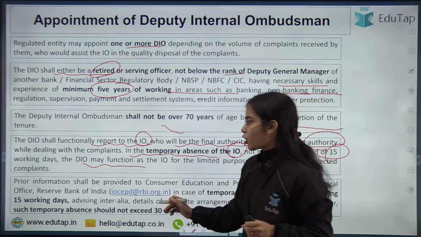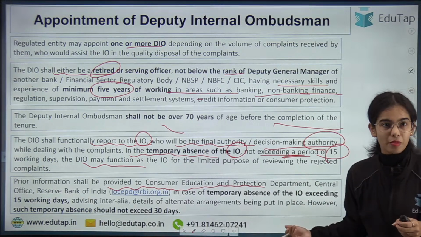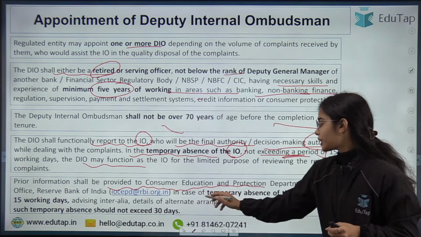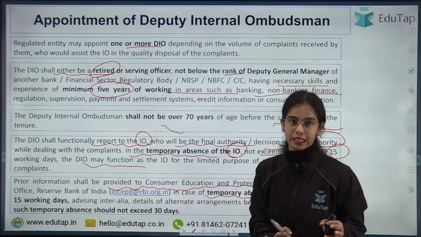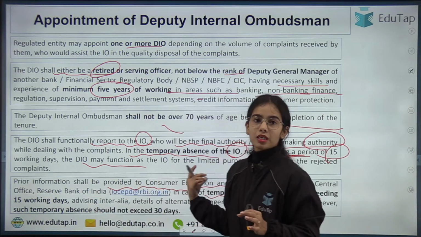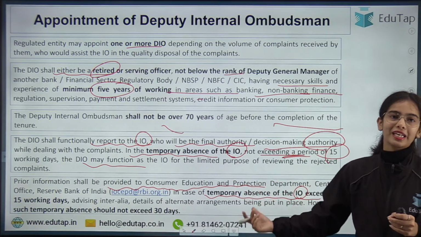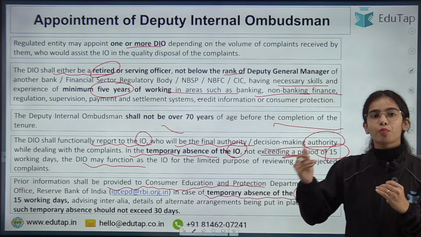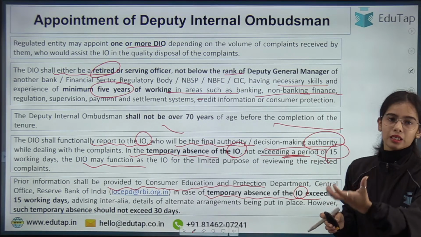Now the prior information shall be provided to the Consumer Education and Protection Department of the Reserve Bank of India if the temporary absence of the IO exceeds 15 working days. So in that case, the Consumer Education and Protection Department of RBI has to be informed if the internal ombudsman is going on leave or temporary absence of more than 15 days.